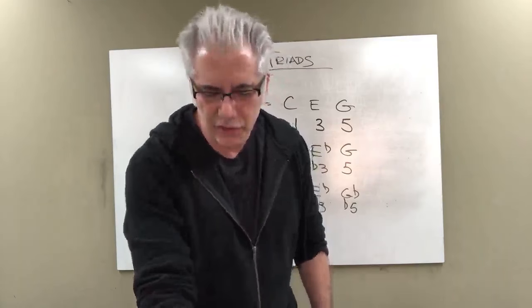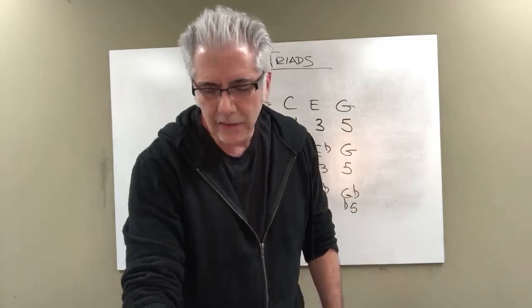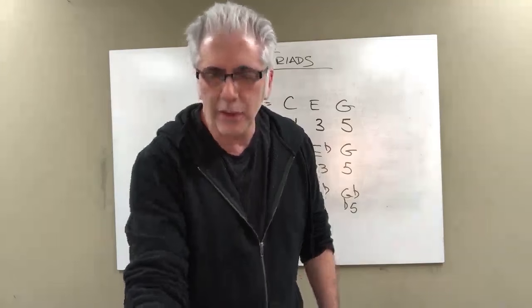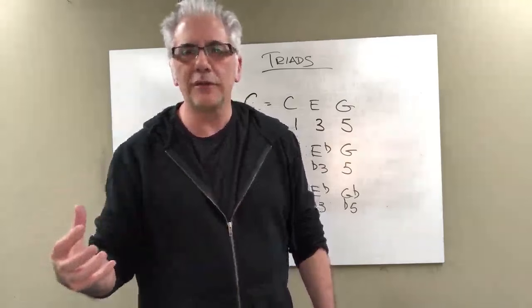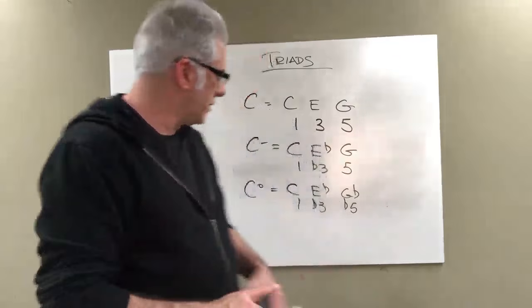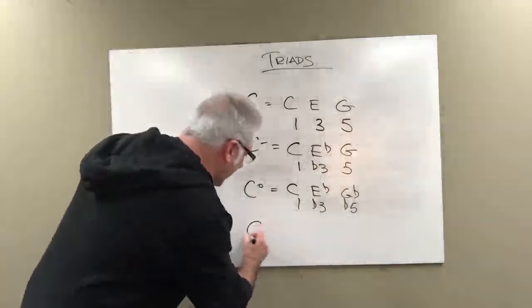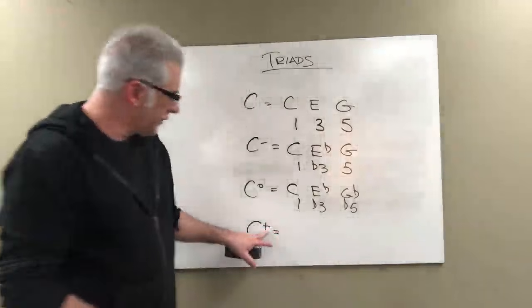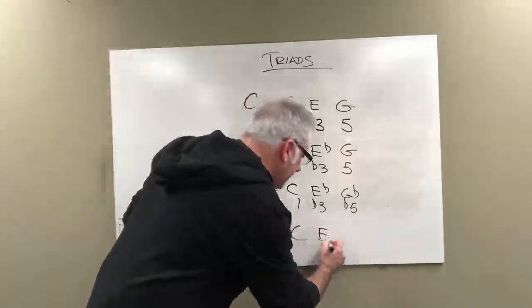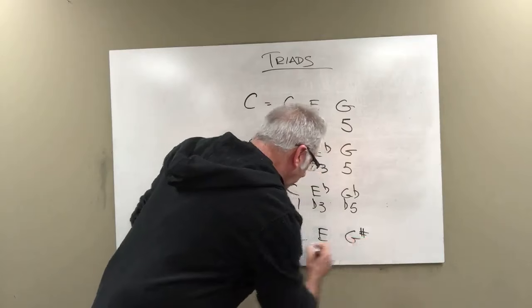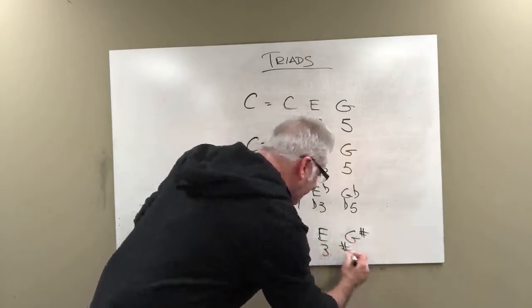And that's a C diminished chord. And once again, it doesn't matter what inversion it's in, any order of those notes is a C diminished chord. And then the fourth one is C augmented. The plus equals augmented, the circle equals diminished. And that's going to be C, E, G sharp. 1, 3, sharp 5.